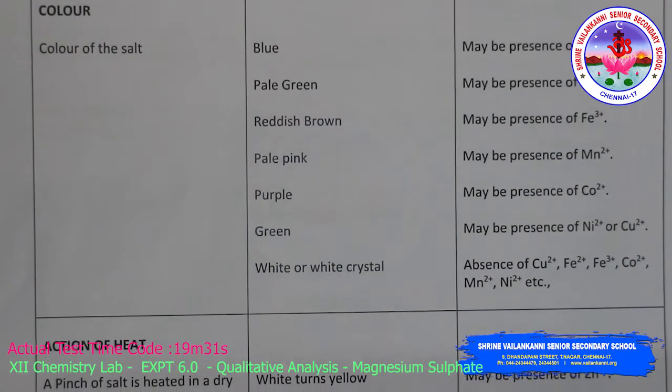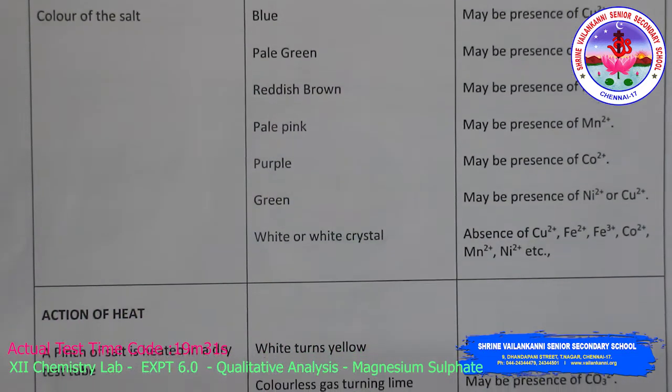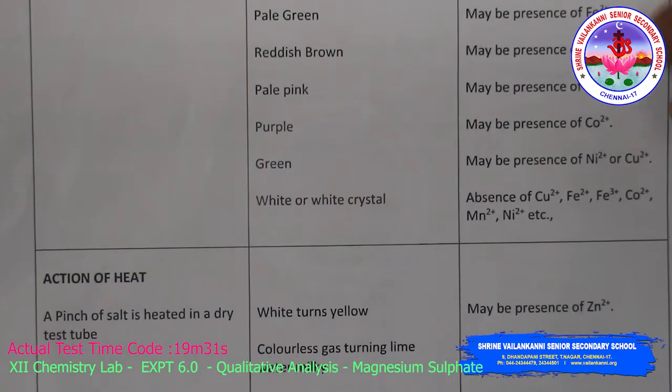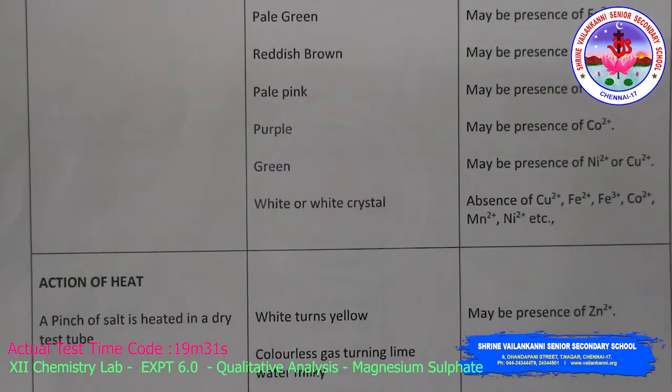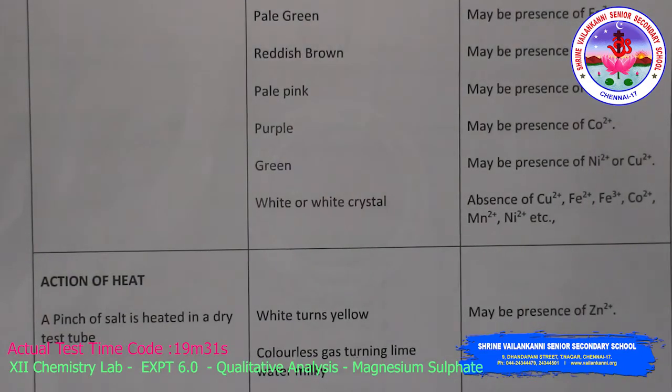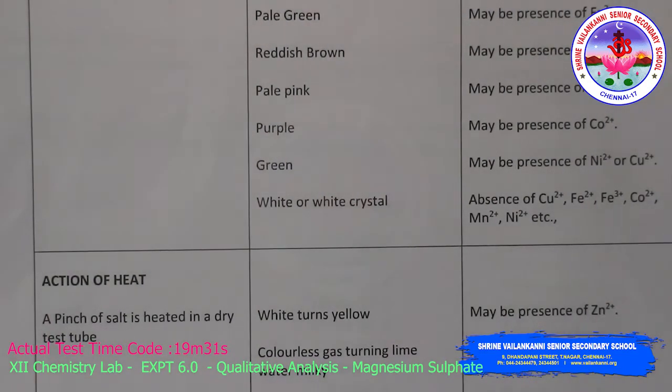White or white crystals mean absence of the above salts. That means Cu2+, Fe2+, Fe3+, Co2+, Mn2+, Ni2+, like this.